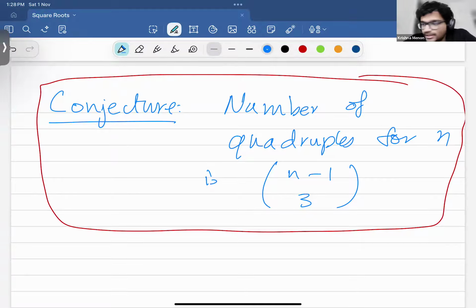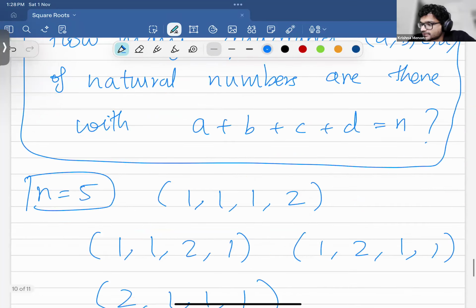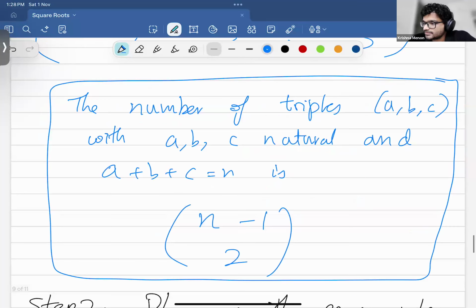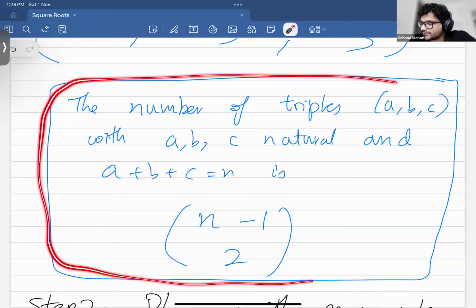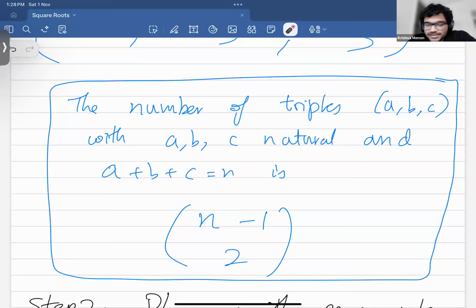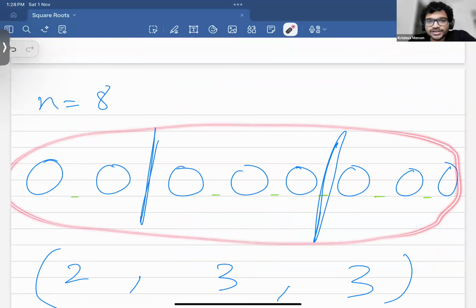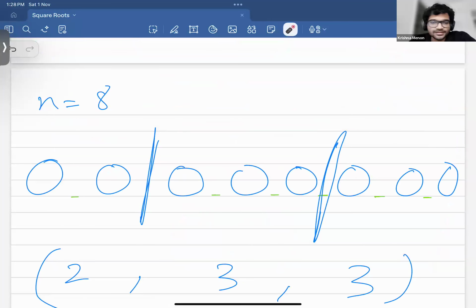But even if you don't really get why this is true, that the number of triples is n minus 1 choose 2, I would suggest that you think about these balls and bars some more. Especially if it is the first time that you are seeing this, I would not expect that you immediately understand what is happening.